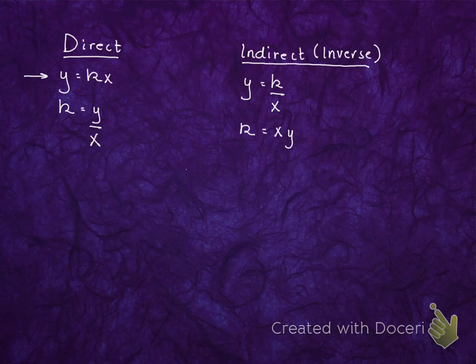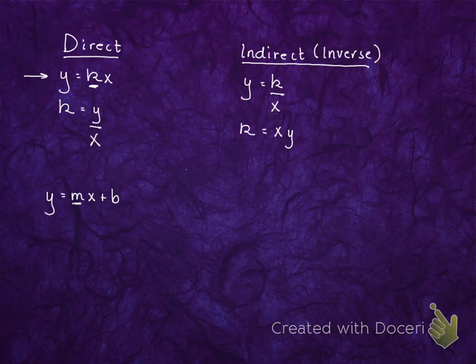Now, when we compare that to what we were just doing in y equals mx plus b, the m value being our slope is what our k value is to our direct variation equation, okay?